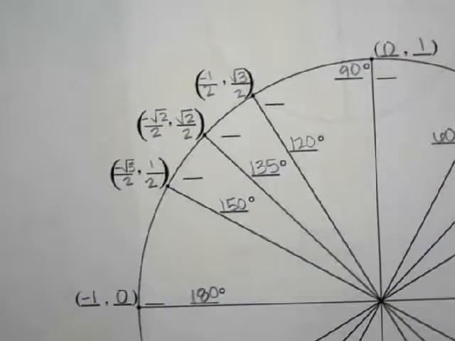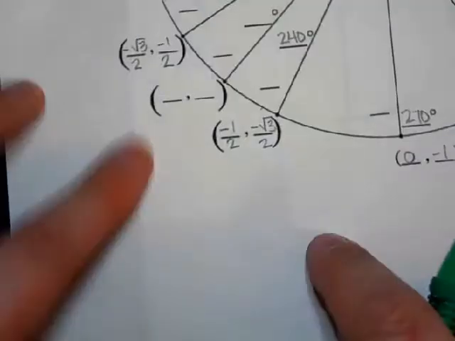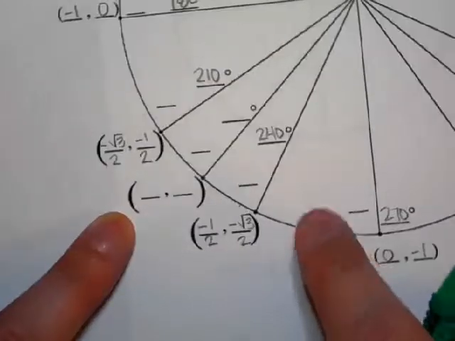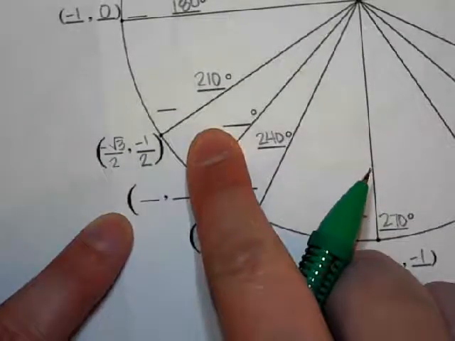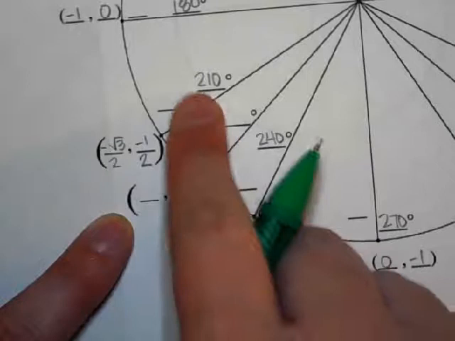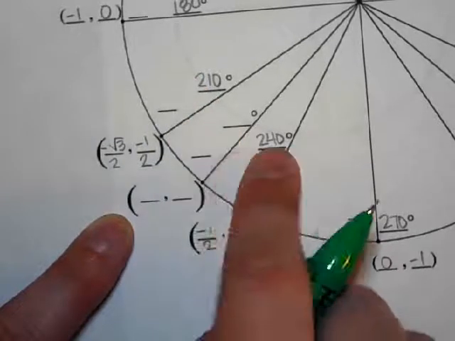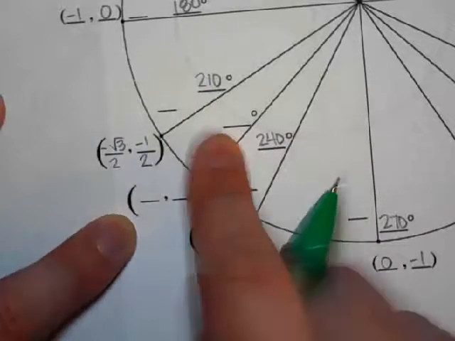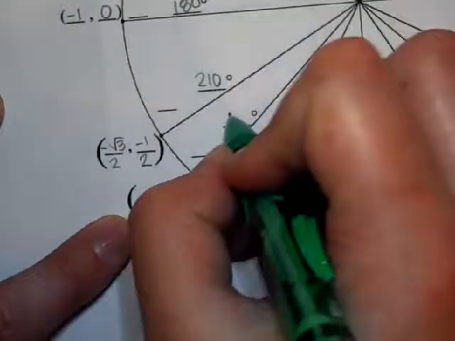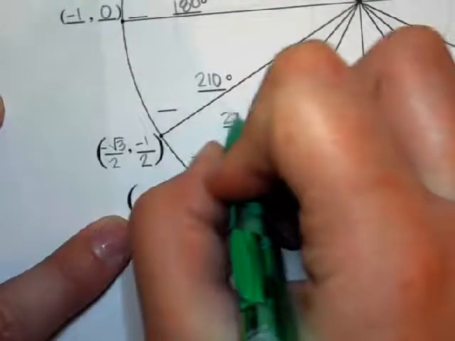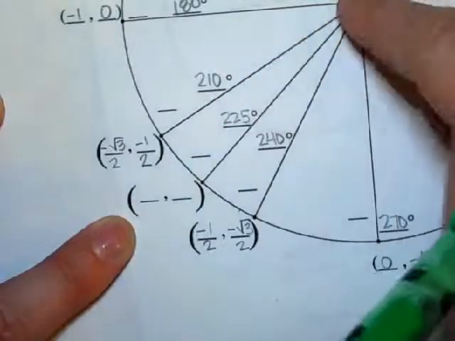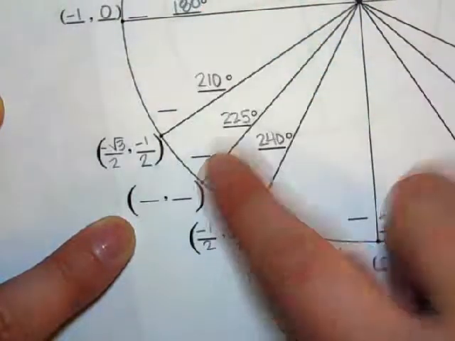Okay. Then down here, either what's in the middle of 210 and 240, or you could say what's 15 degrees away from 210, 15 degrees away from 240. 225 is perfect. We're going to go left and down. So negative root 2 over 2, negative root 2 over 2.